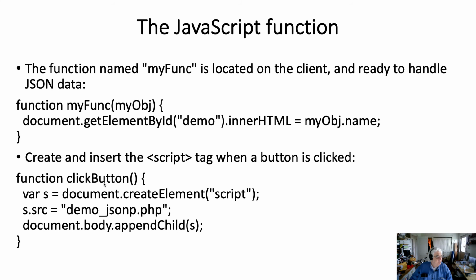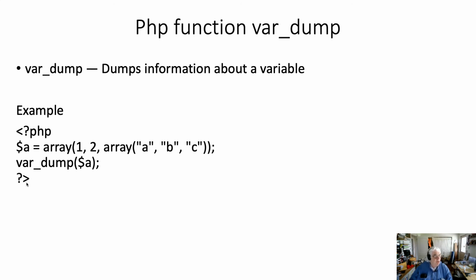But you could have a function clickButton and create a variable s. We create a script element, set its source equal to that, and document.body.appendChild(s). So this is going to the body of the DOM, and it's going to append whatever it's got in s. So every time you click the button, you can fire that, which is really powerful.